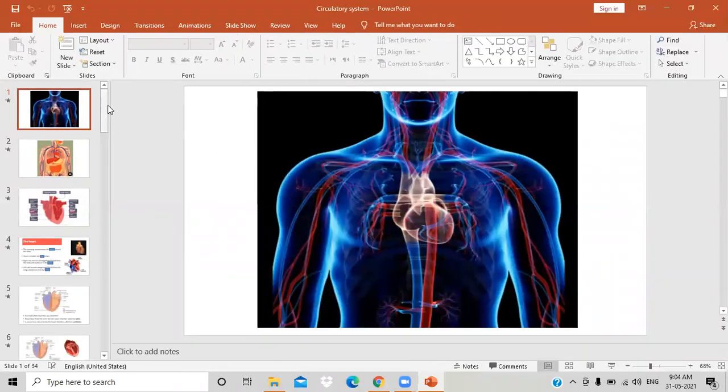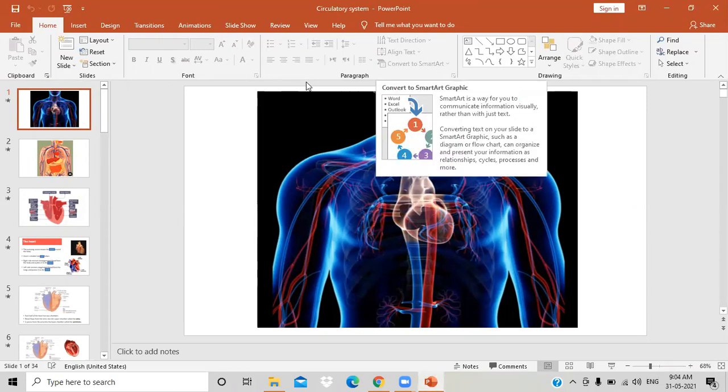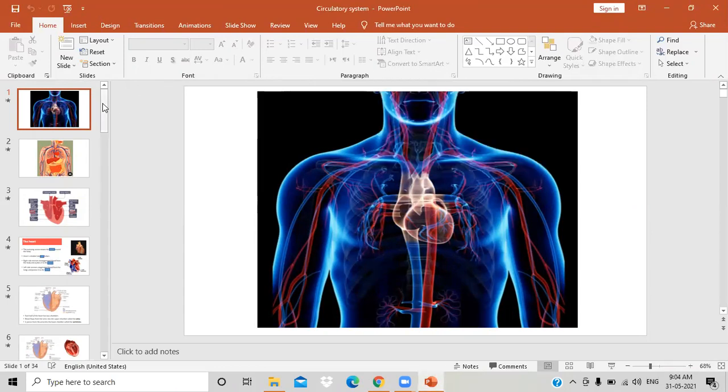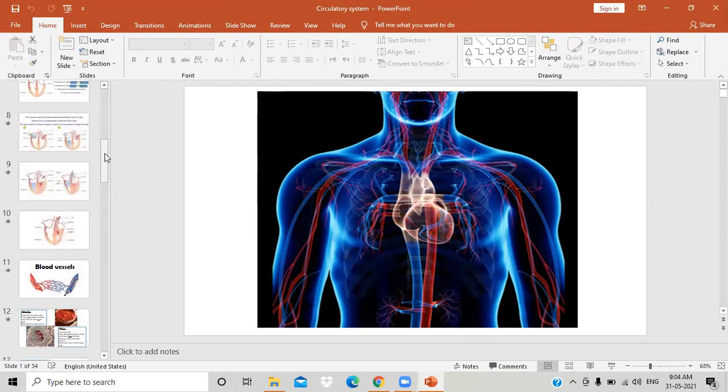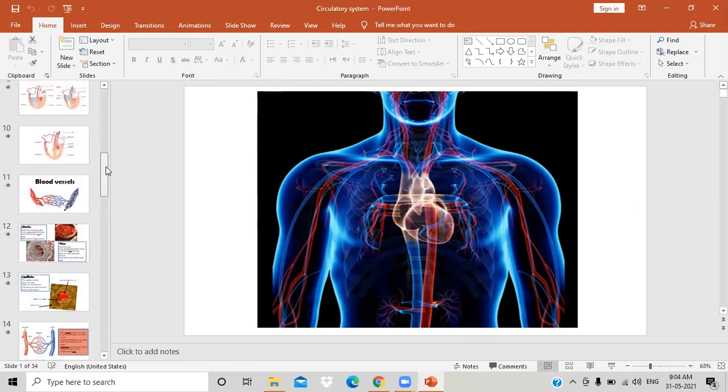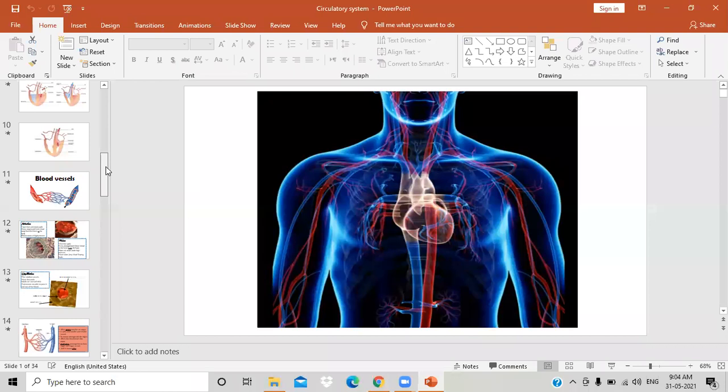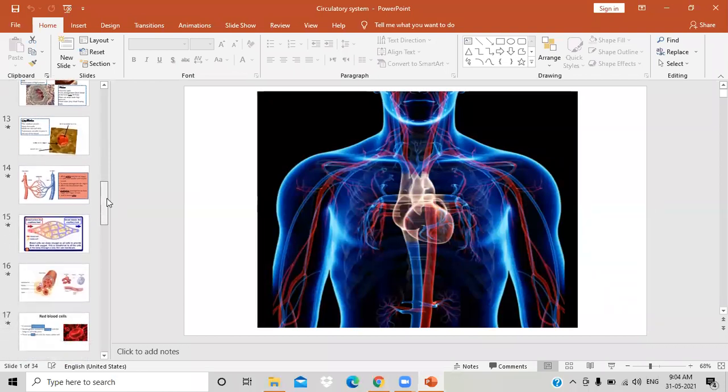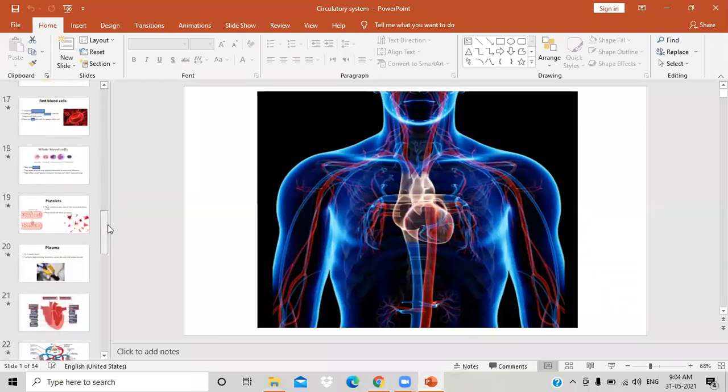We learned about the heart, and how the blood comes in and gets out of the heart. We have learned about the different blood vessels that surround the heart and go over the whole body, and about the different types of blood cells.